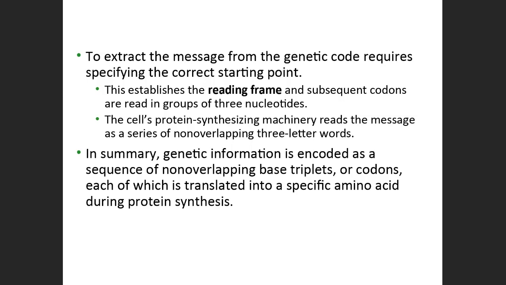How do the RNA polymerase enzymes and the ribosomes know where to start doing something and where to stop doing something? Because that's important. If you start in the wrong place, all your codons are going to be read incorrectly. So there are specific signals which tell the RNA polymerase and the ribosome where to start doing something.